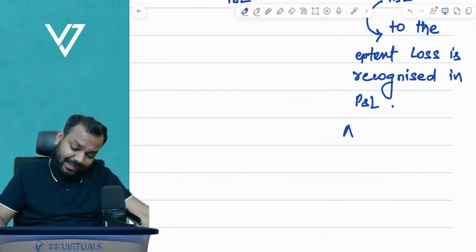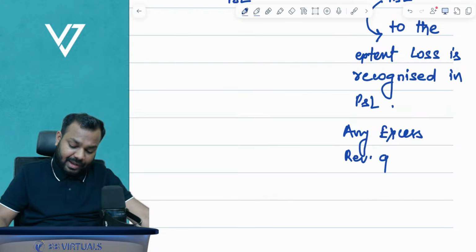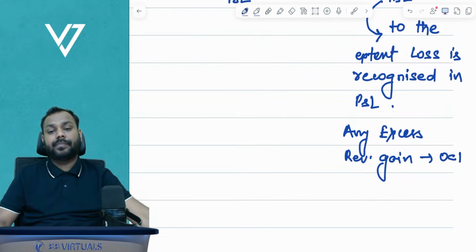Then any excess revaluation gain will be recognized in other comprehensive income.